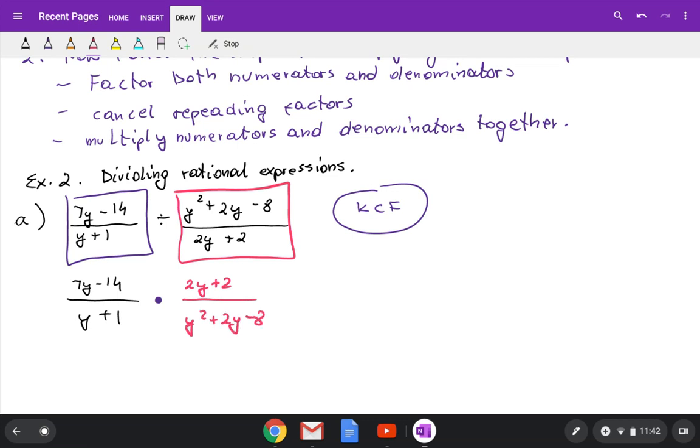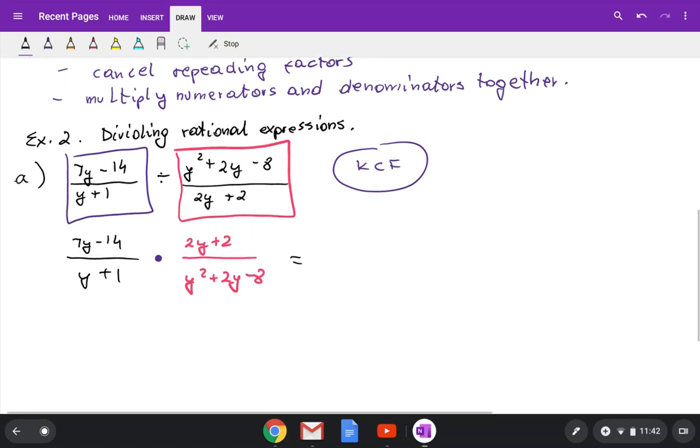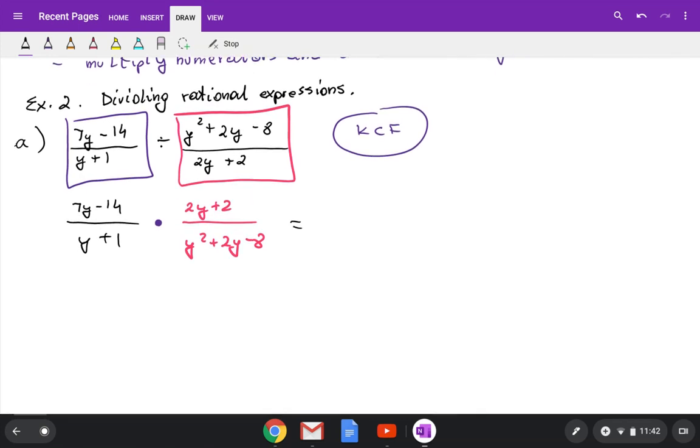Okay, so now this is the one which we're working with. We're never going back, so this is the one which we need to simplify. I'm going to do the same work which we did for multiplication, because now our division became multiplication. So I'm going to factor each.